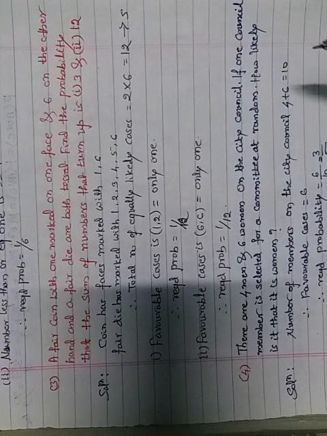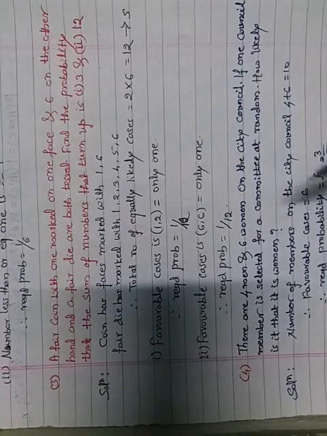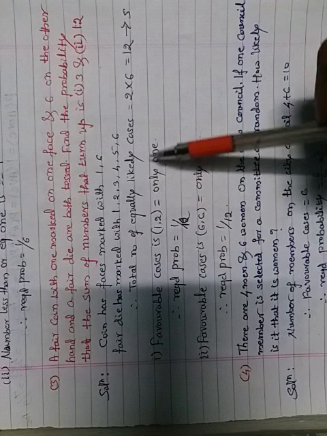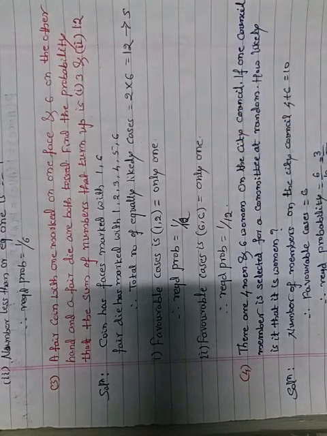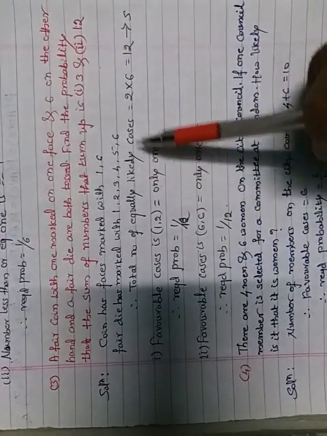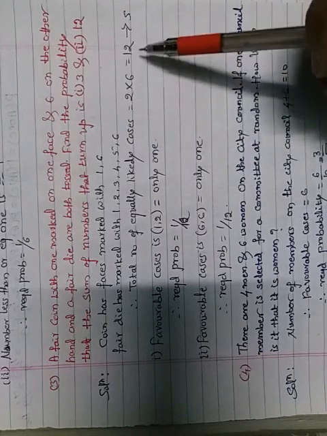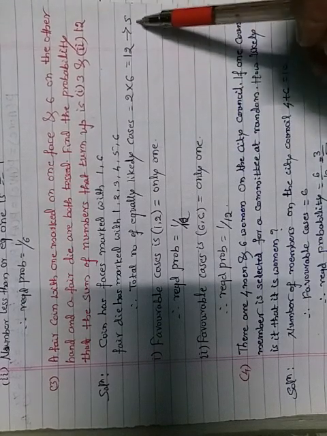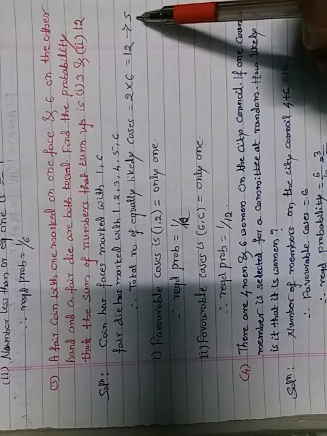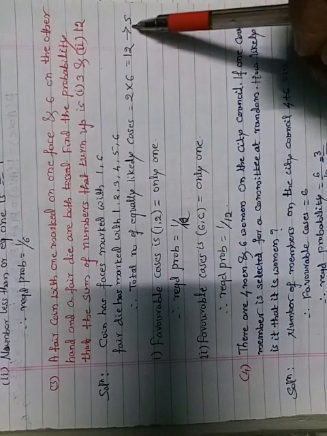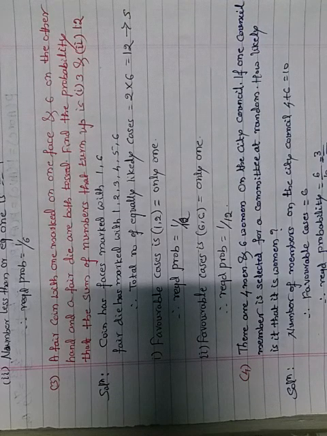A die is numbered on each face, hence it is called dice. Therefore, the total number of equally likely outcomes is 2 into 6, equal to 12, that's the sample space. It is denoted by S. Hence, the required number of sample points is equal to 12.